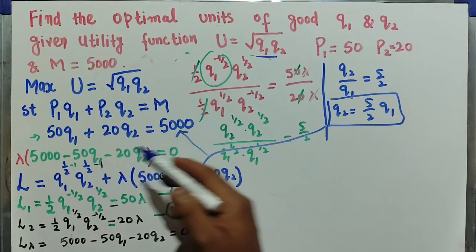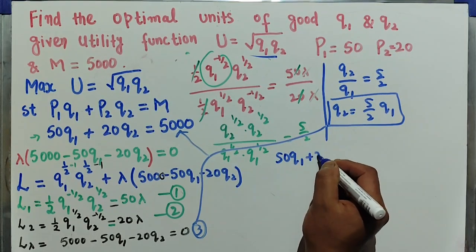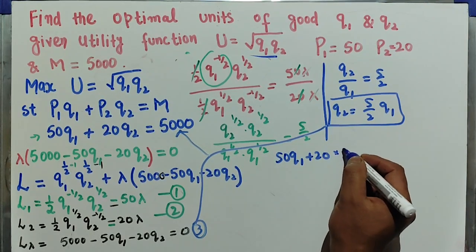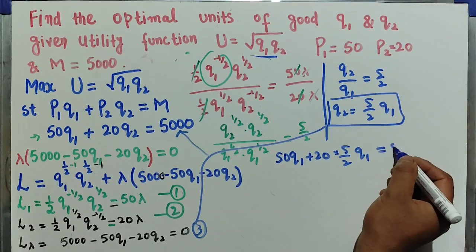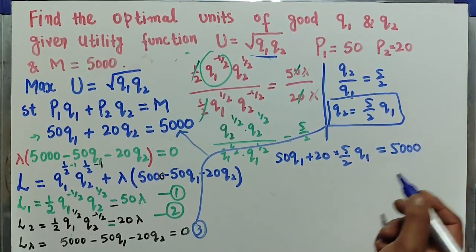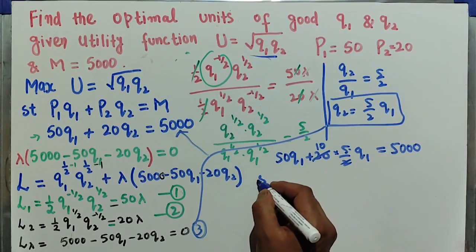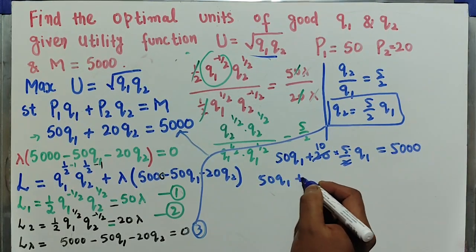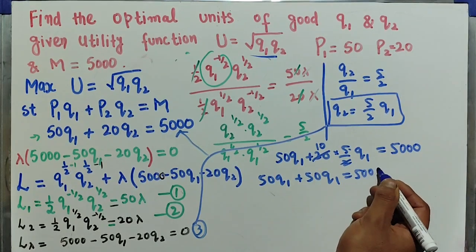So plugging the value of Q2 in this equation, we have 50 Q1 plus 20. In place of Q2, we have 5 upon 2 Q1 is equal to 5000. So 2 1s are 2, 10s are 20, 5 10s are 50. We get 50 Q1 plus 50 Q1 is equal to 5000.